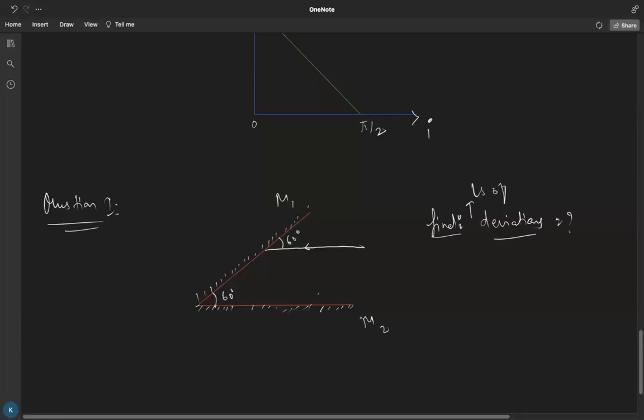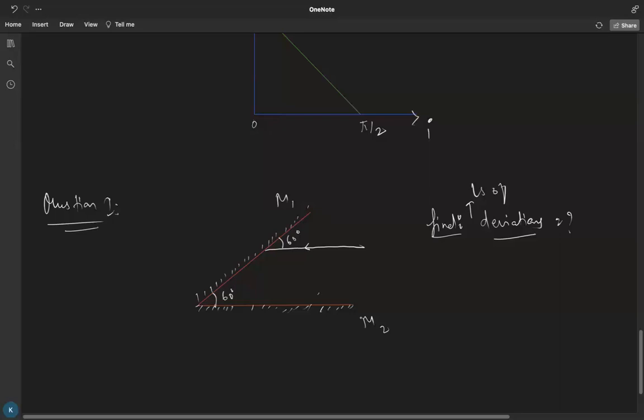So let me first explain the question here. There are two mirrors named M1 and M2, and both are inclined at an angle of 60 degrees. There is an incident light which makes an angle of 60 degrees with one of the plane mirrors, which is M1.